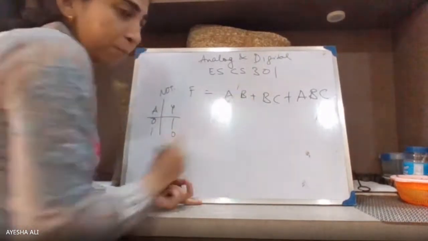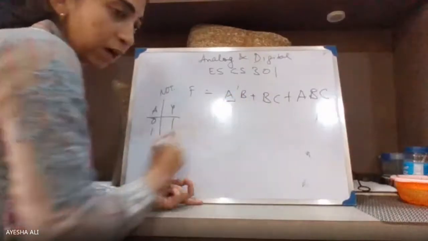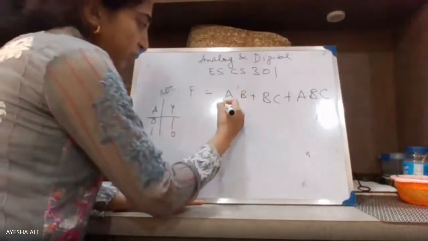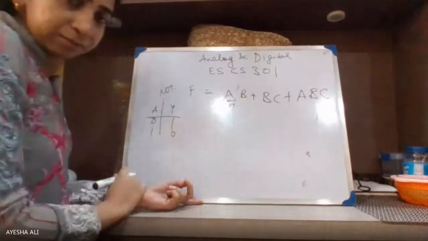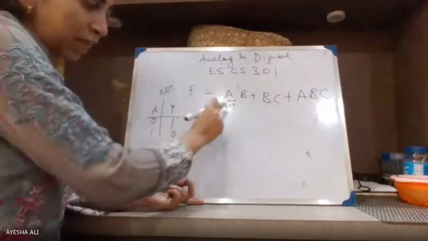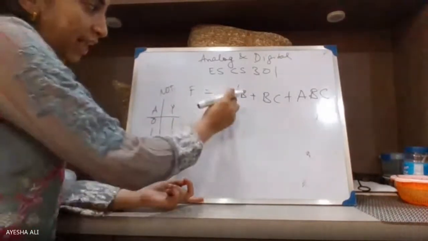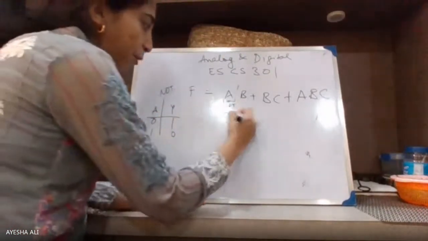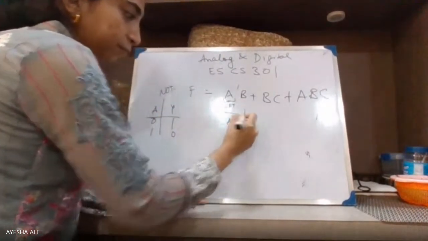There is A complement. So, 3 gates, AND, OR and NOT? No, more than 3 gates we are using. First, we are using a NOT gate over here. We are finding A complement with the help of a NOT gate. Then A complement and B, we are merging together with the help of the AND gate.